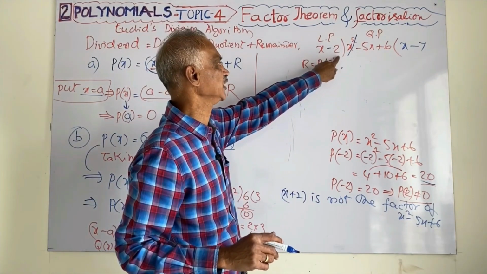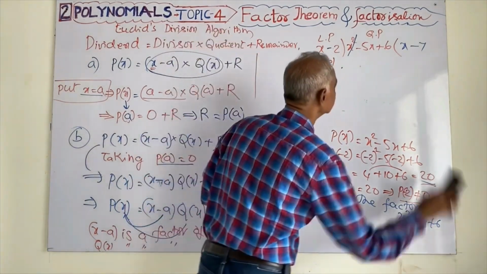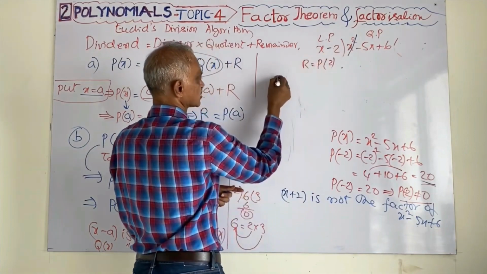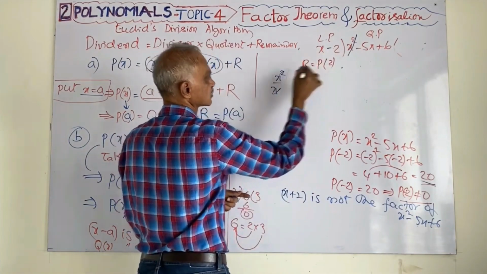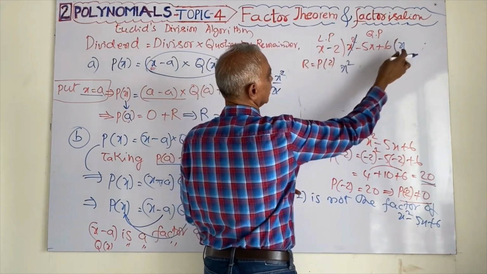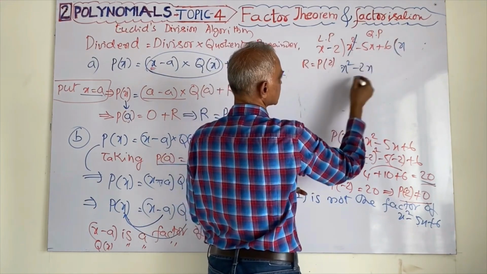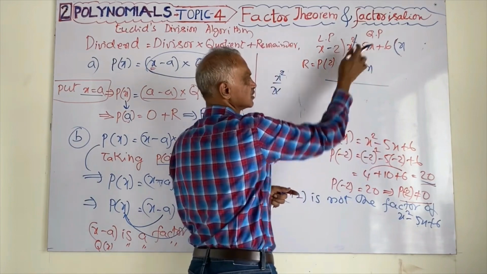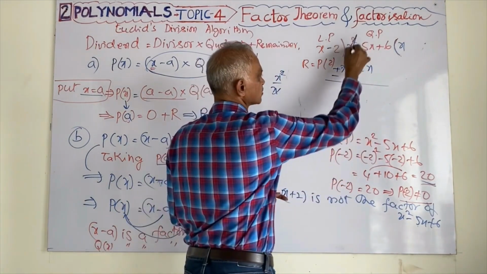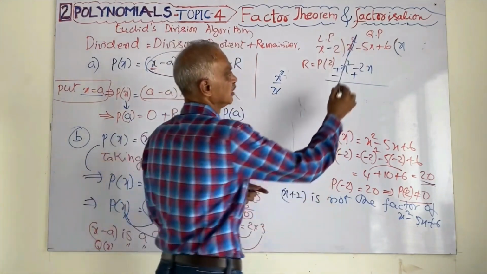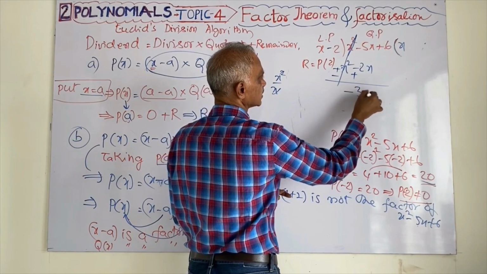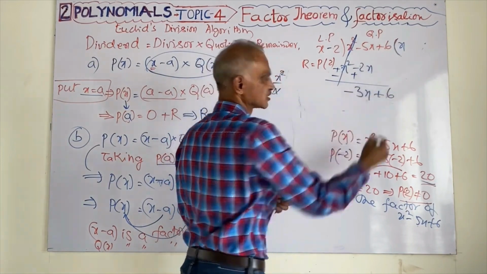X minus 2 into, here x square by x, I am multiplying with x into x square, x into 2 is 2x. I am subtracting this from this, plus becomes minus, minus becomes plus, x square minus x square cancel, minus 5x plus 2x is minus 3x. I am taking down 6.